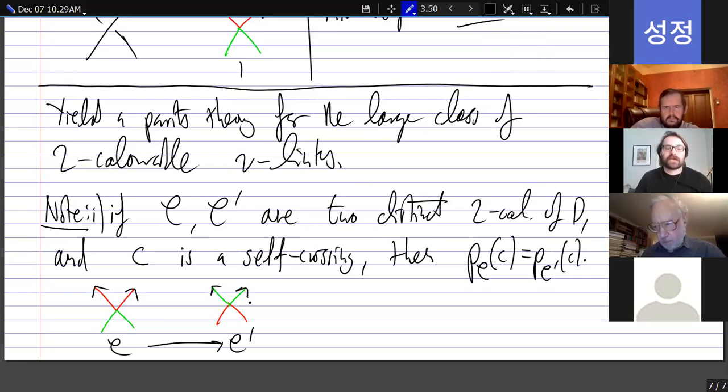And so as you can see, this crossing is odd with this coloring, and it's certainly odd with this coloring too, because the component involved is having its coloring flipped on all of it. So this means that for self crossings it doesn't matter which coloring you pick, they have the same parity.